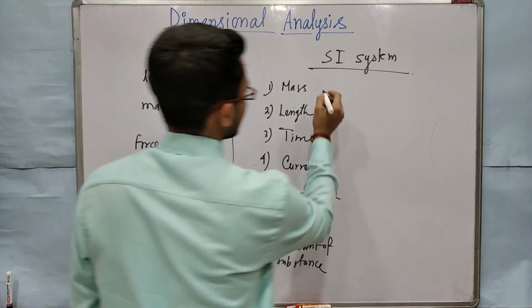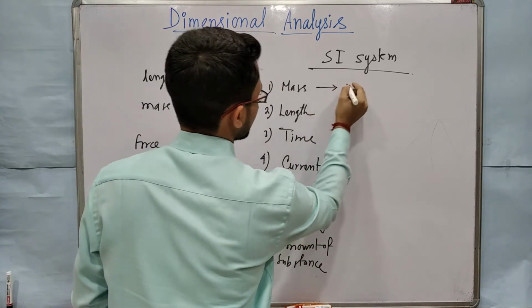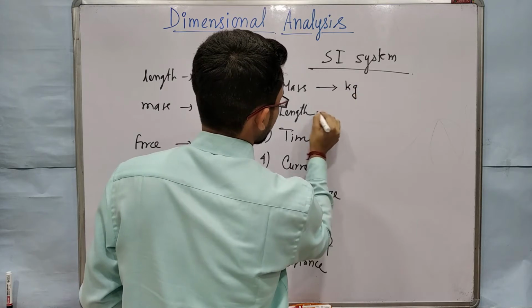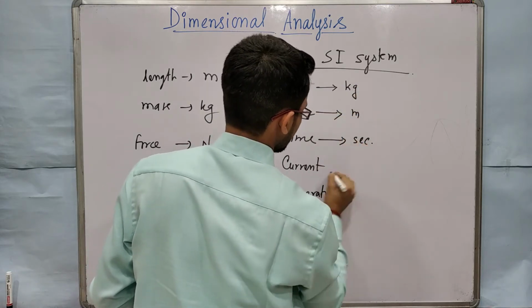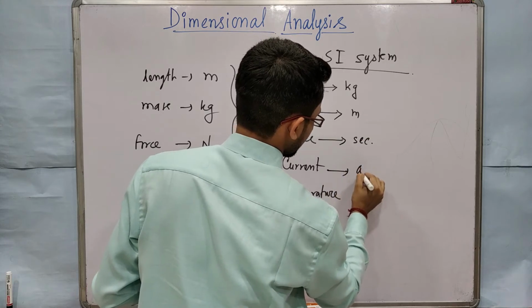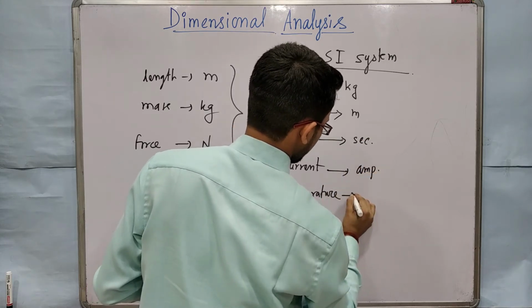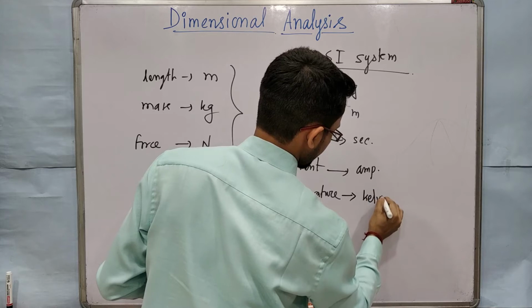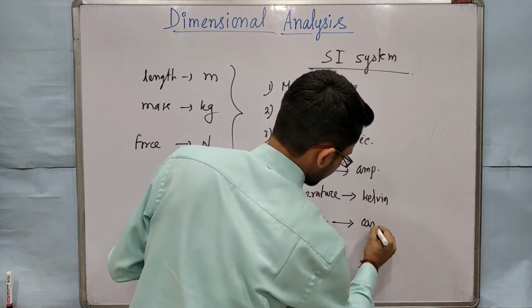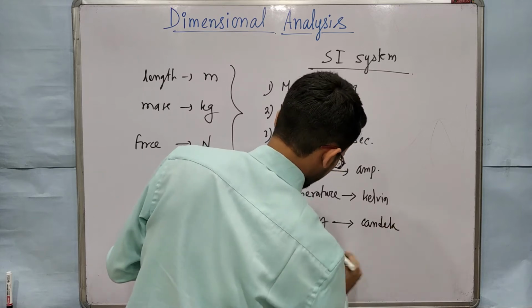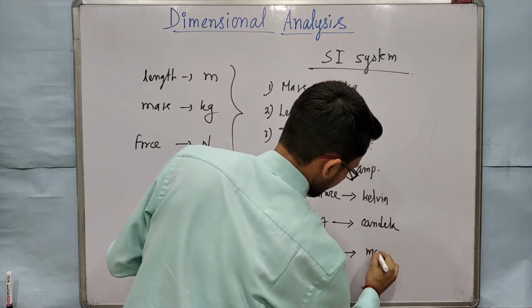And the SI units you have read: mass, kilogram; length, meter; time, second; current, ampere; temperature, Kelvin; intensity, candela; and amount of substance, mole.